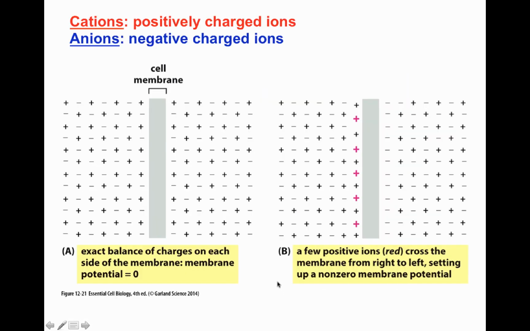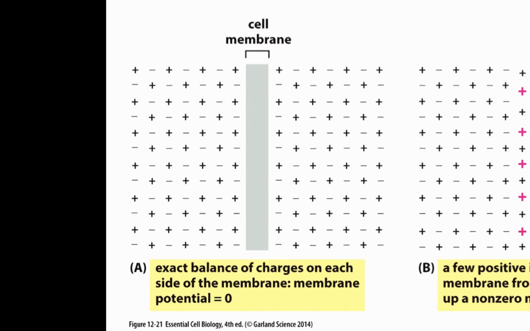Now, let's look at the membrane potential and how the membrane potential is established. So in this image, what we have is a membrane that is dividing two different environments. Every plus sign on either side of the membrane is indicative of a positive ion, and every negative sign on either side of the membrane is indicative of an anion.